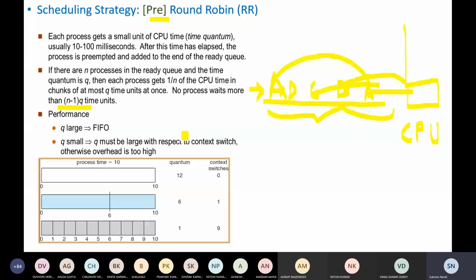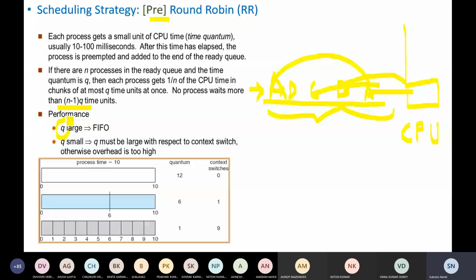But the critical issue is the choice of the quantum. What will be the choice of the quantum? If the quantum is too large, that means a process can continue till the end. So that means it will purely be a kind of FIFO type of algorithm.